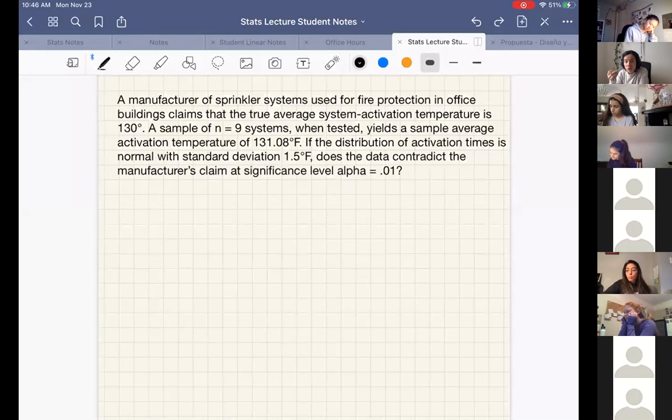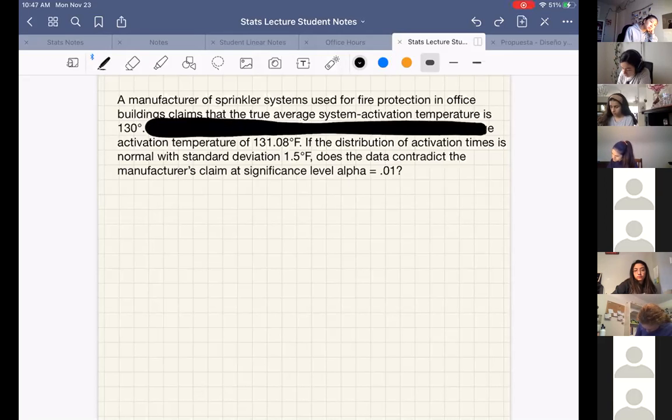Because one tail versus two tail only relies on the type of question, you should try to ignore the data, because the data is going to suggest to you what type of test you're going to conduct, right?